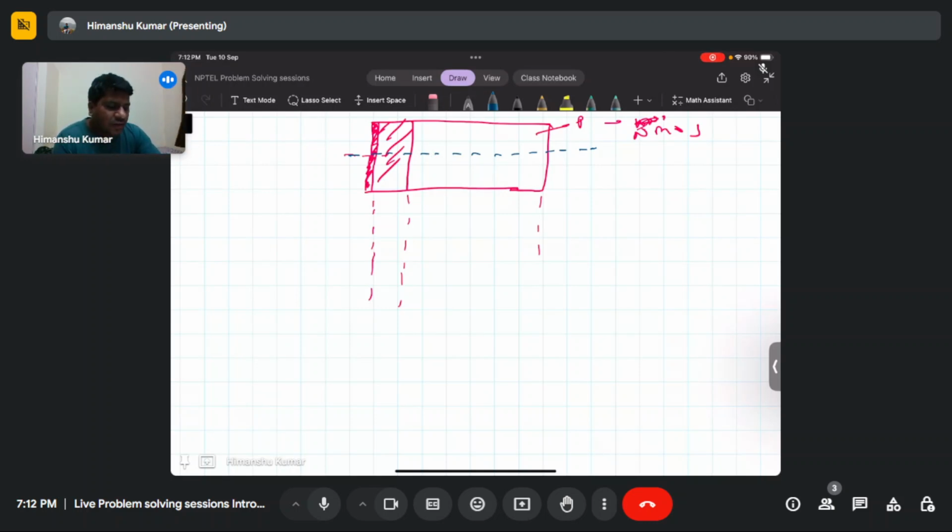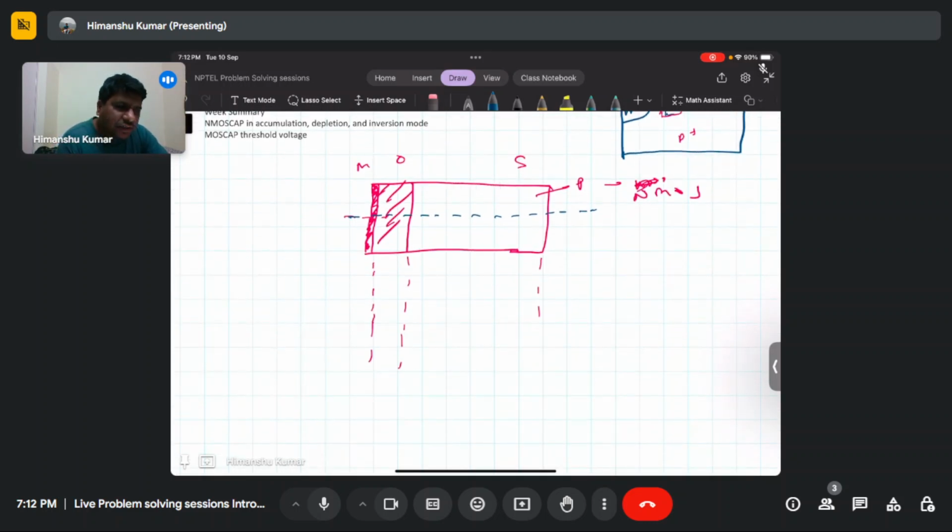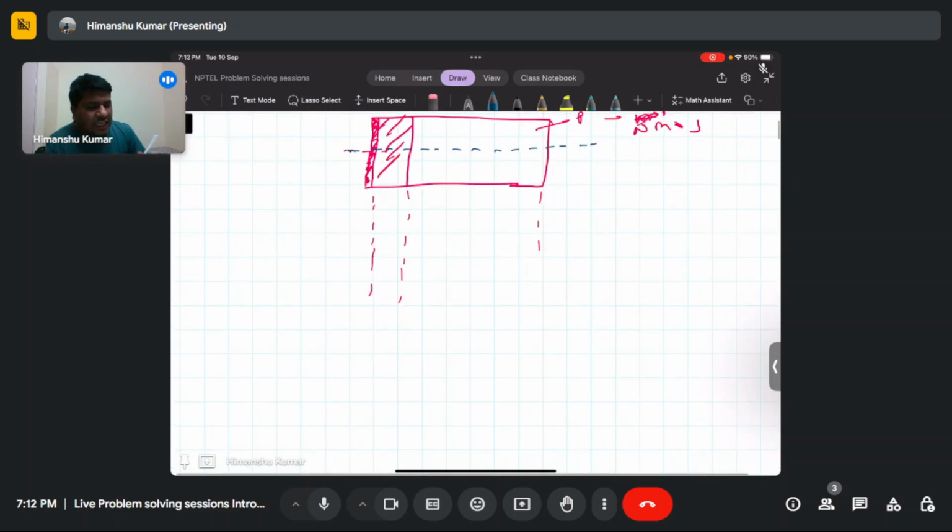The first region is the metal, for which you draw the Fermi level. Then there is the oxide, a different material compared to the silicon. It is a dielectric material, so it will have a larger band gap compared to the silicon. So you can draw the equilibrium band diagram, with a constant Fermi level EF.